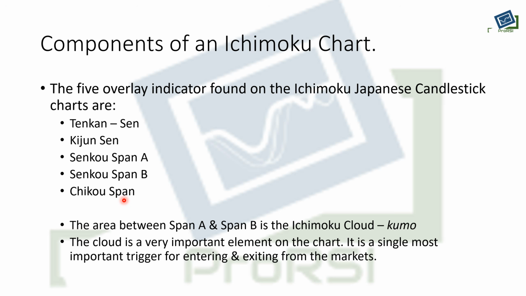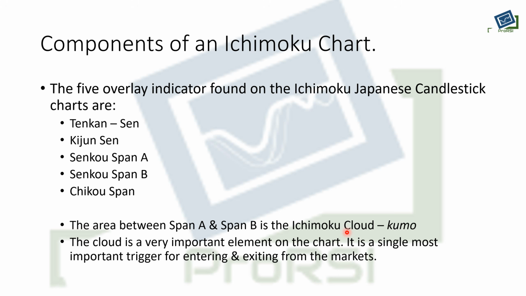But as you start reading about Ichimoku, and as you start applying it on your charts and using it on a daily basis, I think you will be quite comfortable with these five indicators. You don't need to remember the names. You need to remember what they tell you. That's more important. The area between Span A and Span B is the Kumo cloud.